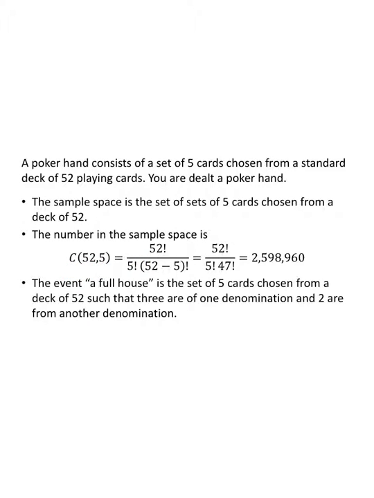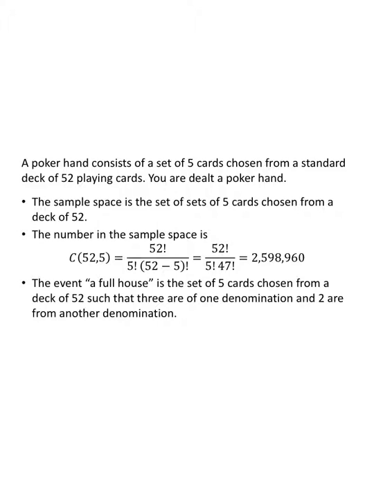Using our combinations formula, that's 52 factorial divided by 5 factorial times (52 minus 5) factorial. And whether you do it by hand or you use your calculator, you will end up with 2,598,960 different combinations.